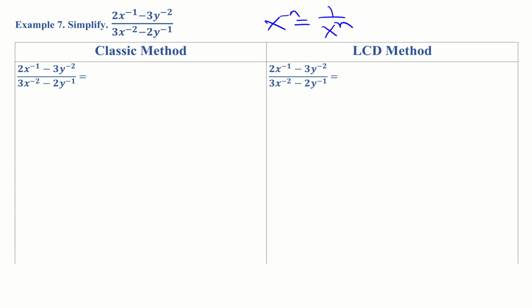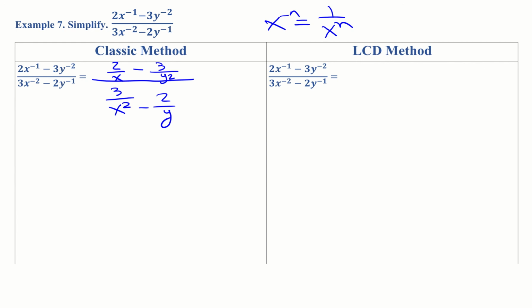So 2 over x minus 3 over y squared, using the same rule. Down below we have 3 over x squared minus 2 over y, right?